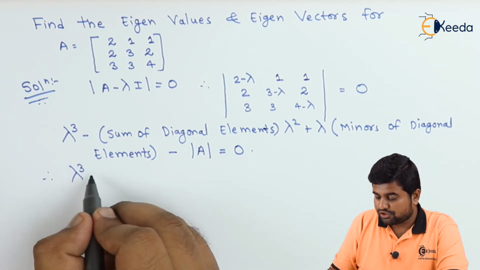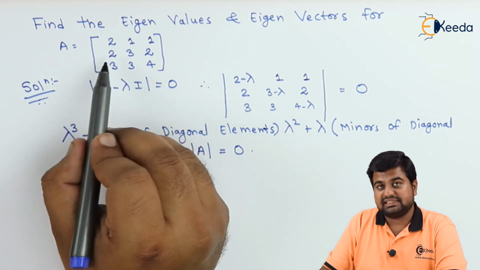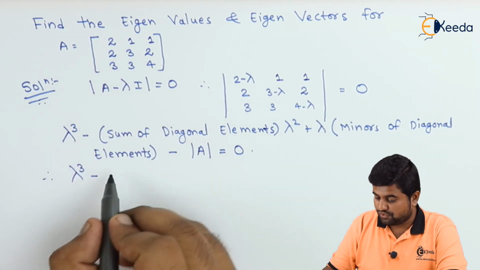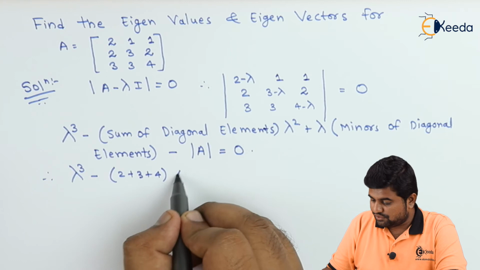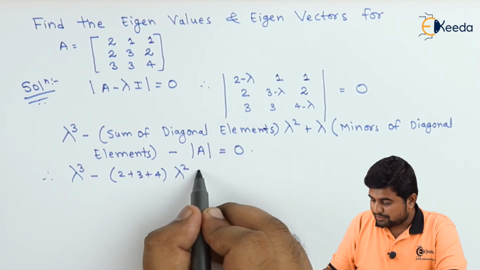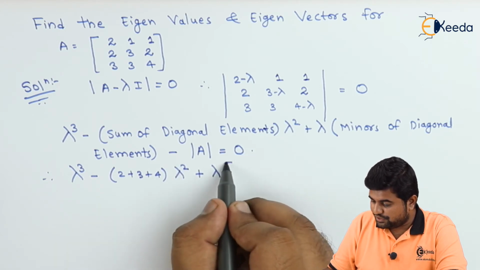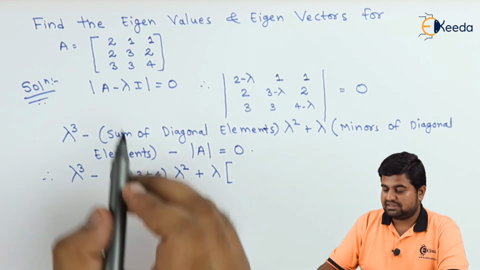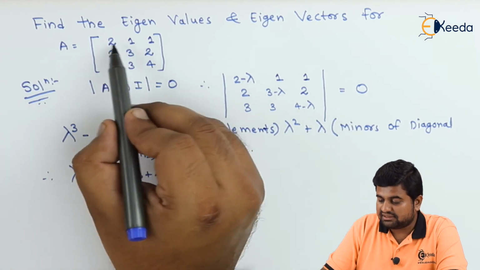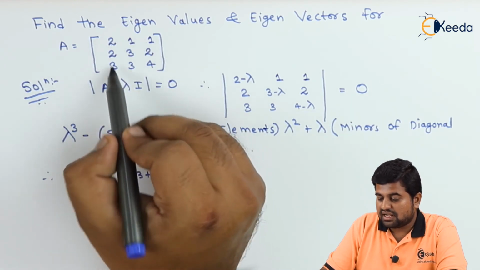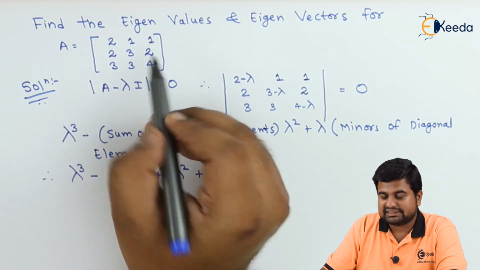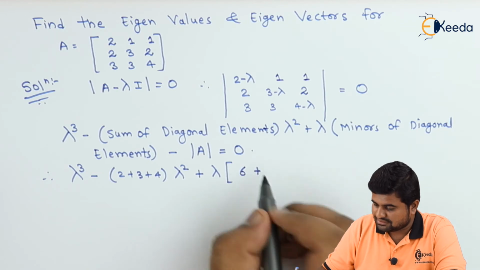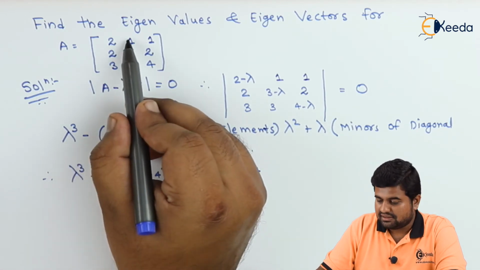Therefore, lambda cube minus sum of diagonal elements, which is 2 plus 3 plus 4, into lambda square plus lambda into minors of diagonal elements. Let us consider 2, and the minor is, leave this row and this column. You will be getting 3 into 4, which is 12, 12 minus 6 is 6. So 6 plus. Consider this 3.